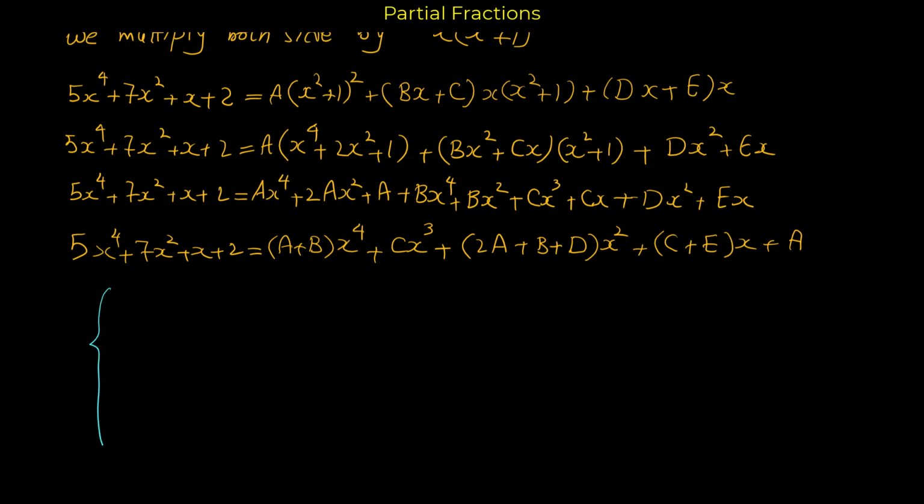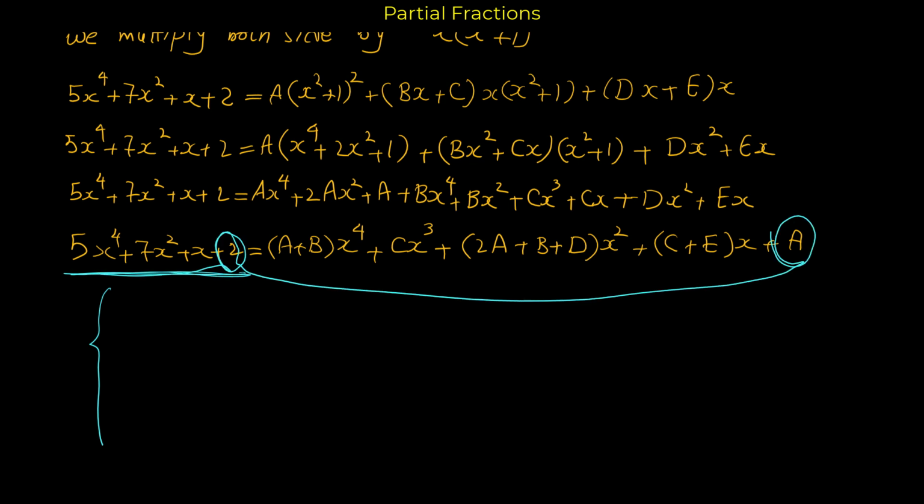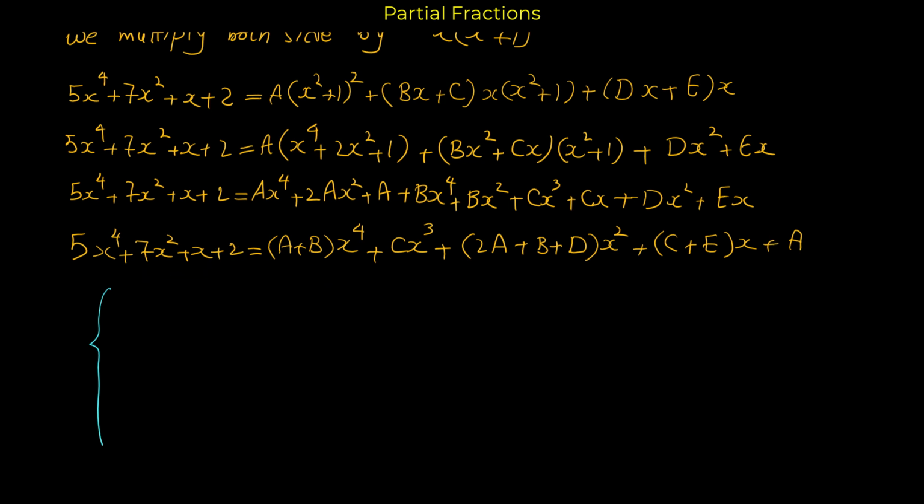Pay attention. What is the constant term in the left side? It's 2. What is the constant term in the right side? It is a. So a is 2. Now, compare the coefficient of x^4 in the left side with the coefficient of x^4 in the other side. a + b is 5.